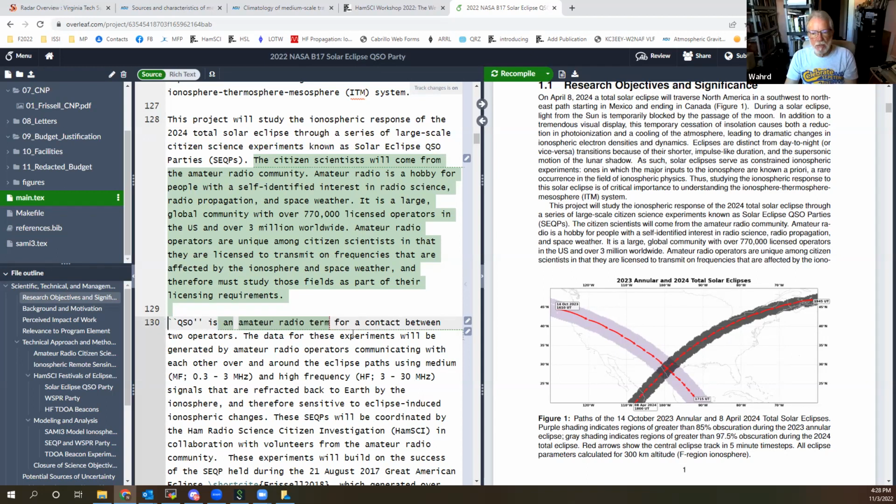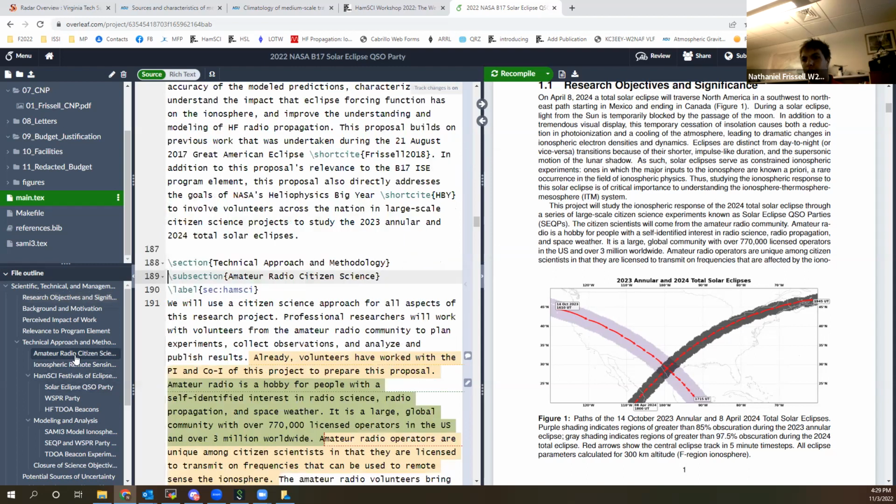If in the first mention of it you've already defined QSO, you might just say a competition format exercise to make contacts. Yeah, just let that go at that. I define that later.